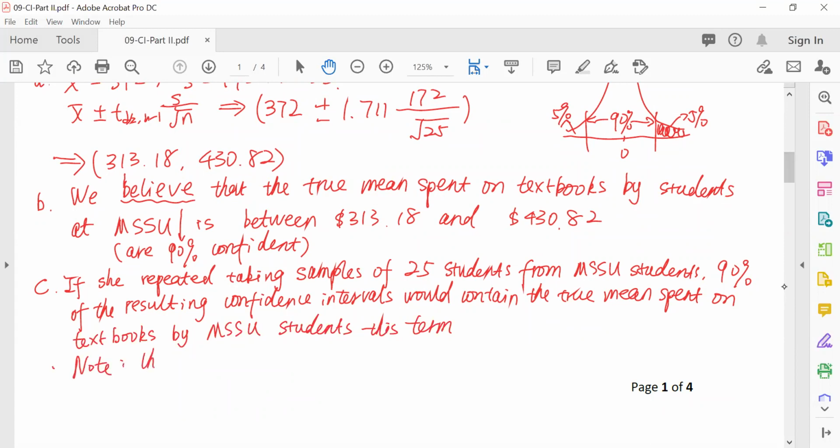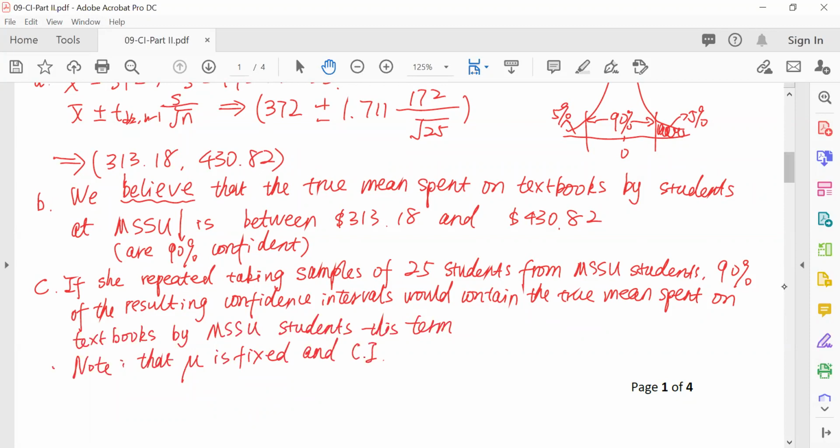I think I've talked about this before the spring break when we first introduced the concept of confidence interval, that this population parameter mu is fixed. This is not changing. And that is another very typical misinterpretation as well.